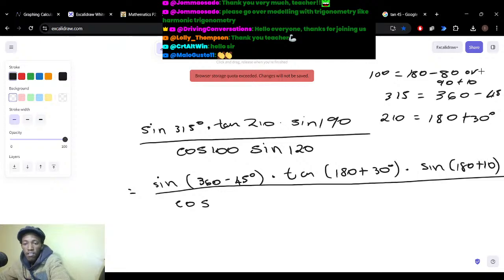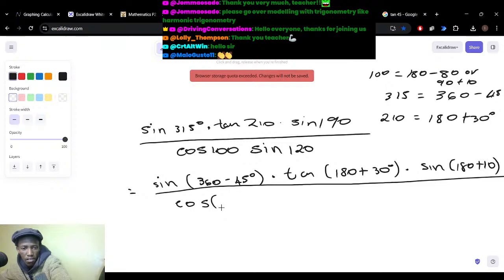Remember, note that I'm using 90, 180, 360 as my standard angles. For example, here I used 360. I could have used 270, yeah? But I used 360. We'll see in a second why I used 360.